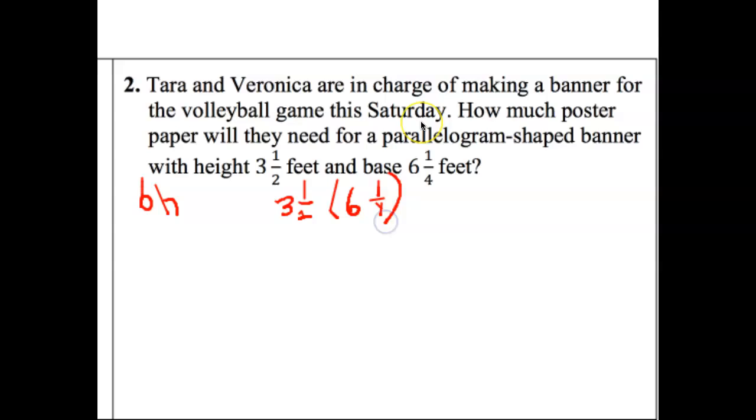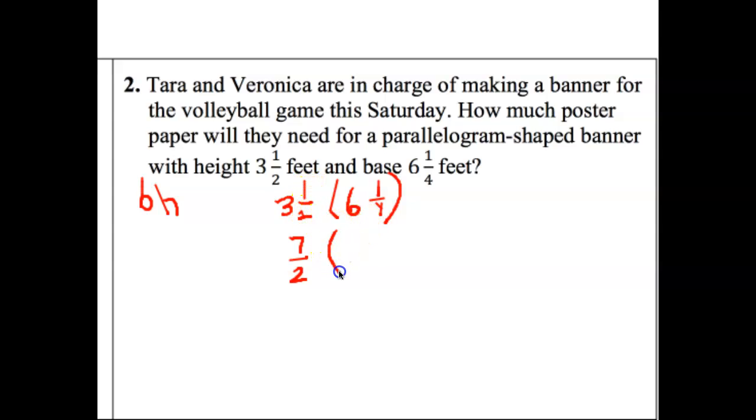The very first thing we have to do is change both of these mixed numbers into improper fractions. What improper fraction will be equivalent to 3 and 1/2? Answer that for me, please. Very good. That's going to be 7/2, excuse me, because 3 wholes times 2 pieces, 3 times 2 is 6 plus 1 is 7. 7/2 would be the same as 3 whole 2-piece segments plus 1 more.